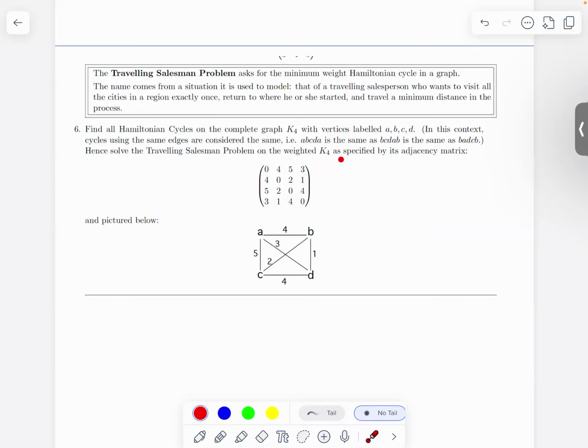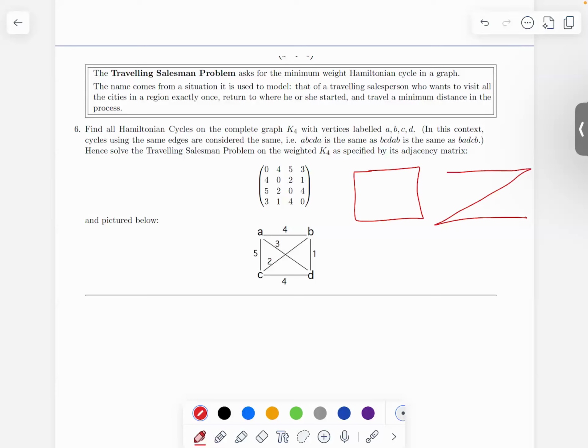K4 is a simple graph with 4 vertices, with degree 3 for each vertex. All right. So what are the Hamiltonian cycles of this one? 1, 2, this one. It can be this one.